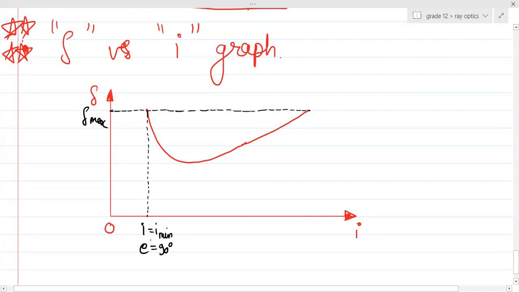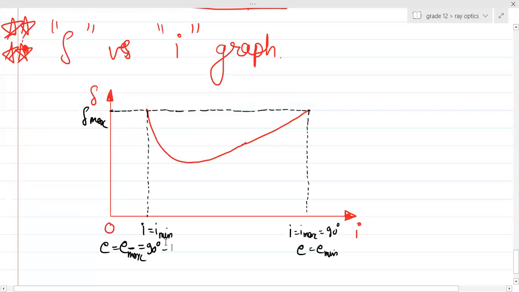Grazing emergence. And at this particular condition, I will be minimum, that'll be grazing, right? And here E will become maximum. By the way, this is the maximum possible value, E will be equal to E max, and that is equal to 90 degree.